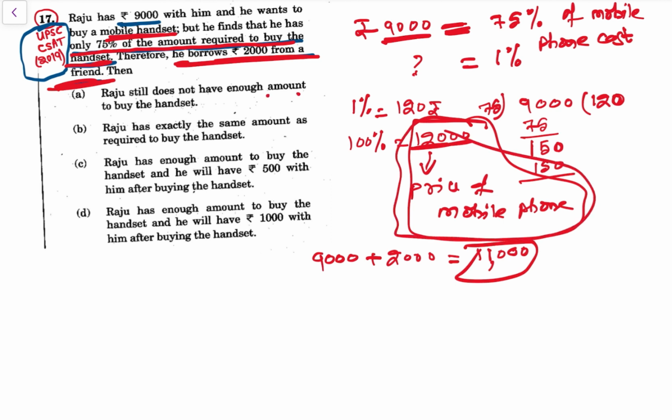Raju still doesn't have enough amount to buy a handset. He has only 11000, ठीक है, but he needs 12000, एक और 1000 चाहिए.